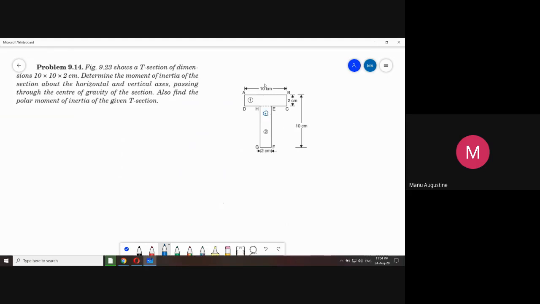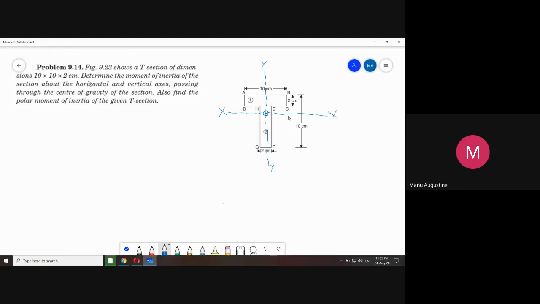So this is the centroid, and now you have to draw a vertical line or a vertical axis passing through the centroid, and we will call it yy, and you have to draw another axis horizontally passing through the centroid again, and we will call it xx.